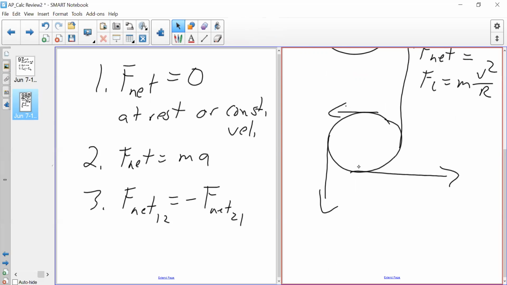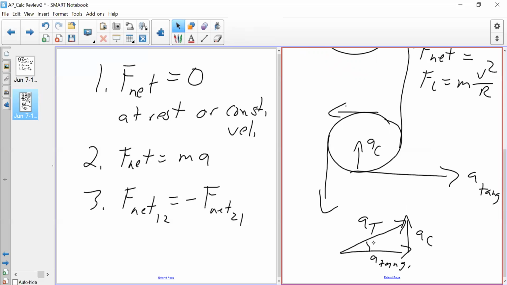So we have this centripetal, and then this will be our tangential. When we add them up vectorially, using concepts of chapter 3, we get our total acceleration, which is the vector sum of the tangential and the centripetal. And we can figure out the angle by which the total acceleration of the system is projected.